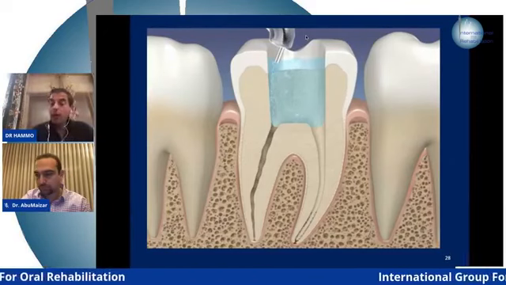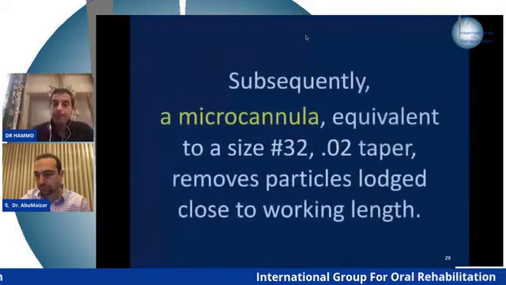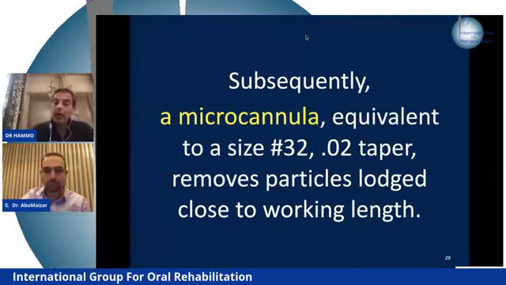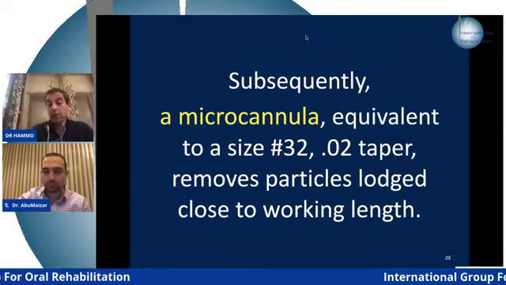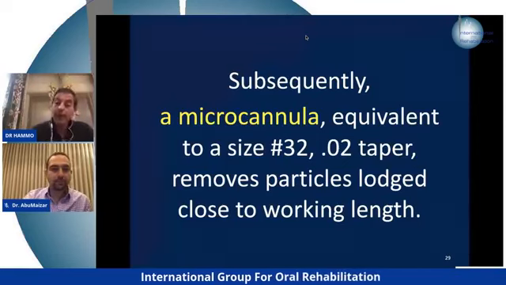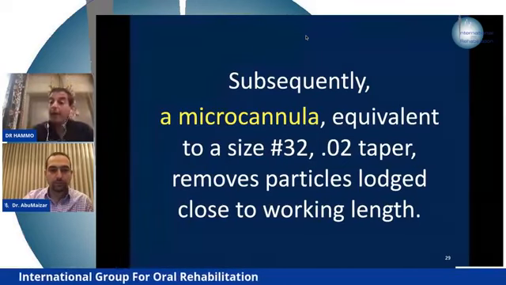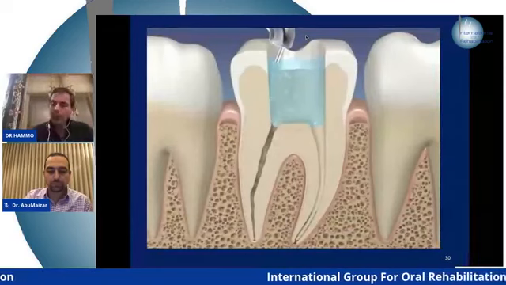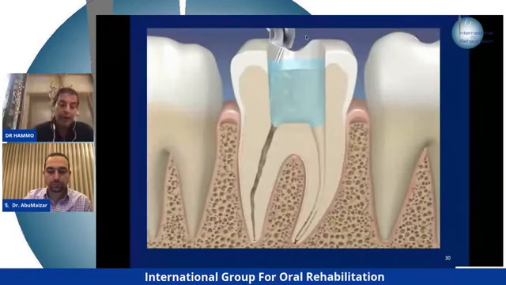Then we go to the next step. Subsequently, I will use a micro cannula, which is equivalent to size 32, taper 2%. This will remove the particles lodged at the apical part of the canal. So the next step, we use the micro cannula.